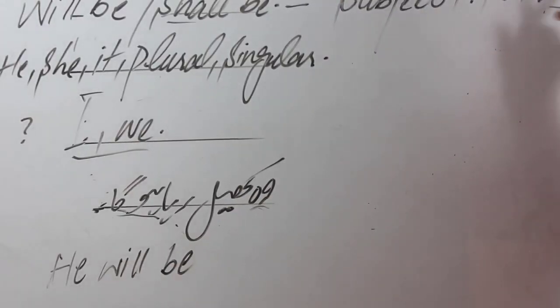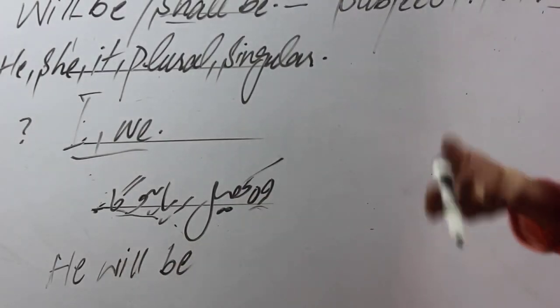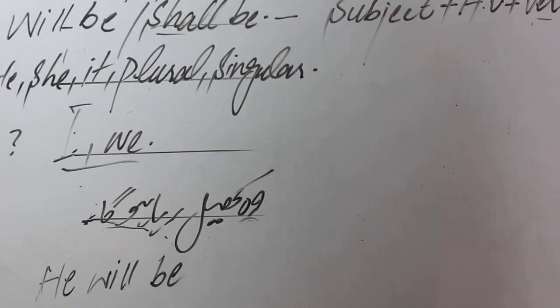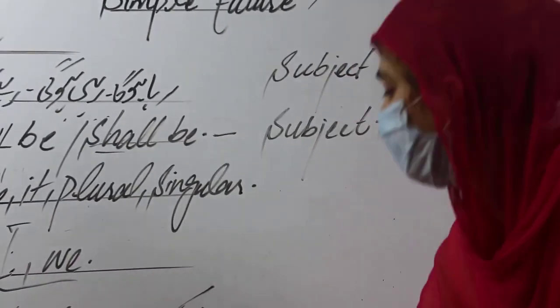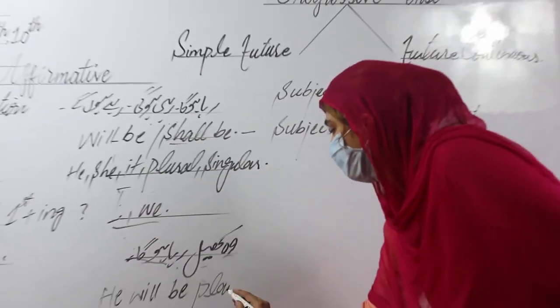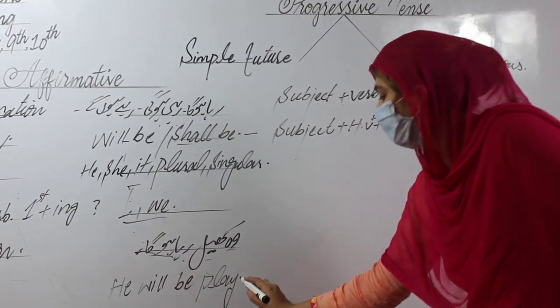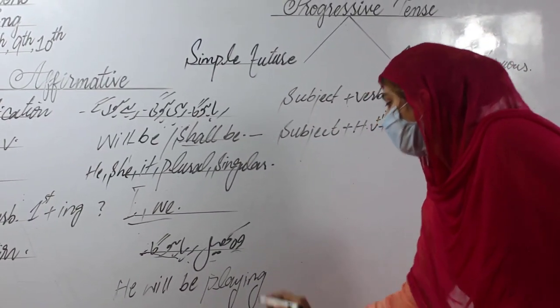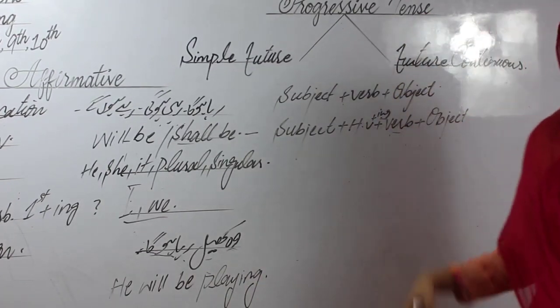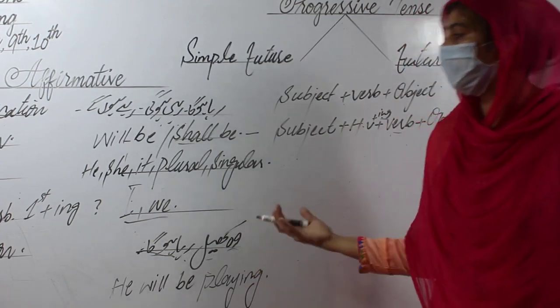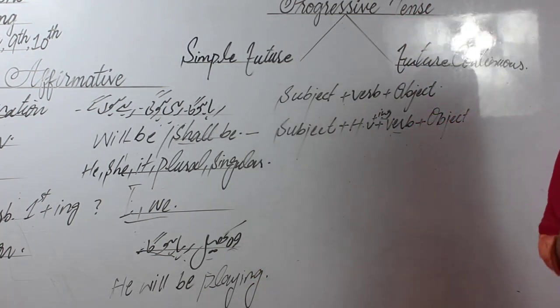Then the original verb, you can add the action verb with ing. So here he will be, the original verb is play, the first form, then put the ing for the continuous: he will be playing, then put the full stop. This is the formation and the making of the future continuous tense.